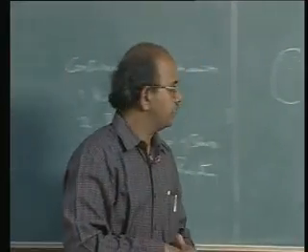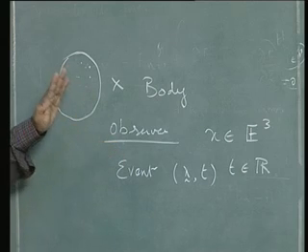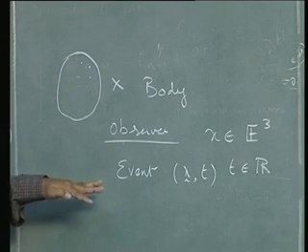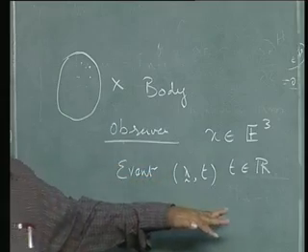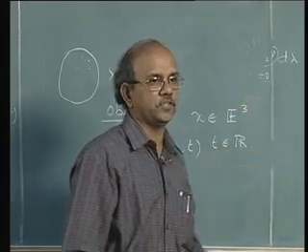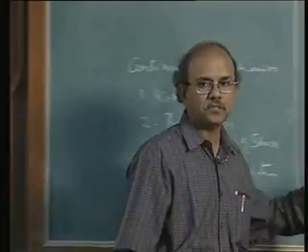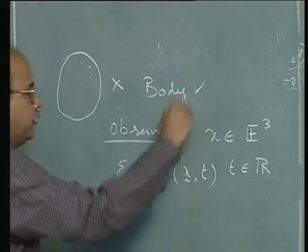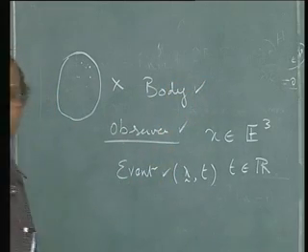In other words, this observer studies the motion of the body using the concepts of Euclidean space and time. So these are the three important definitions that go into the study of the body: one, body; two, observer; three, event.